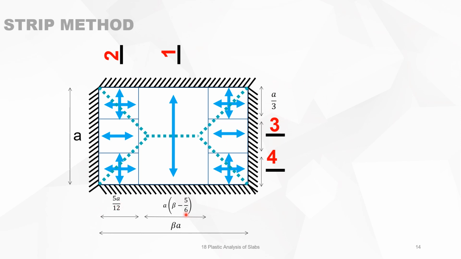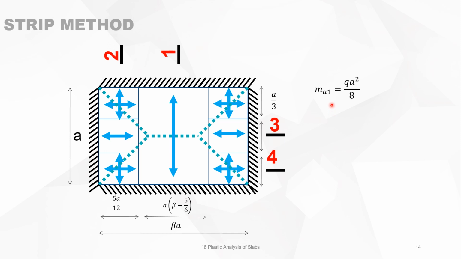The portion in the middle that remains is just beta a minus 2 times this distance. Instead of b, I have changed it to beta times a, which is the same as the length of b. So it means beta must be smaller than 2.